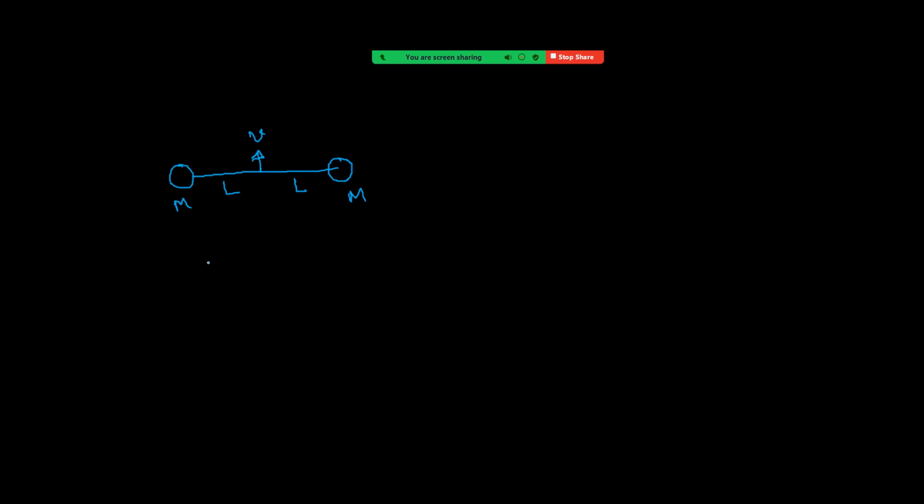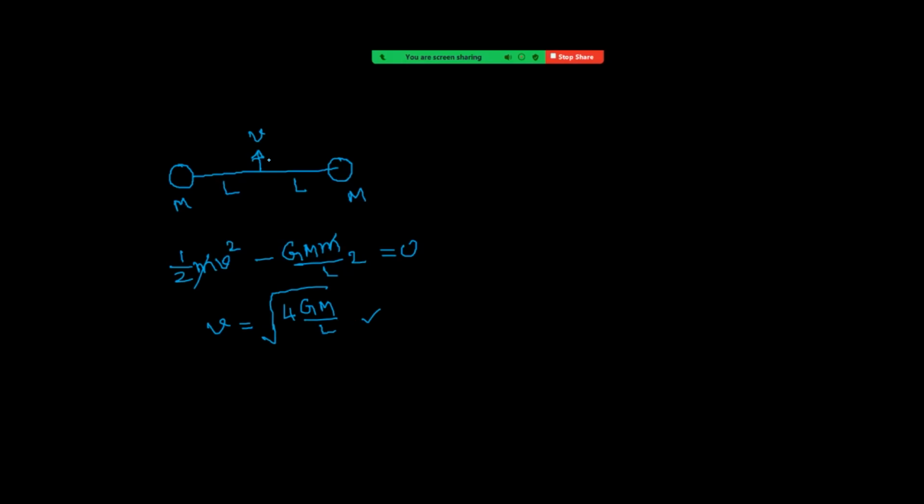Then the condition is half mv square, plus the potential energy because of these two, minus G M m by L into 2, because of those two, is equal to 0. The mass m gets cancelled. So the V value is root of 4GM by L. That is the minimum speed we have to provide.